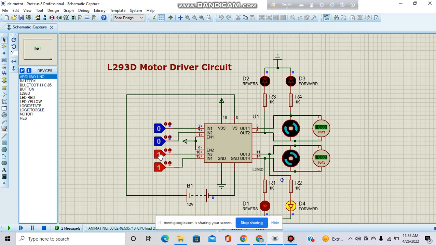We have designed an LED notification system to understand which motor is running, as we can see here.